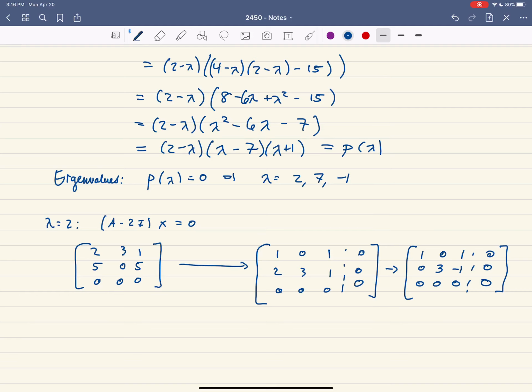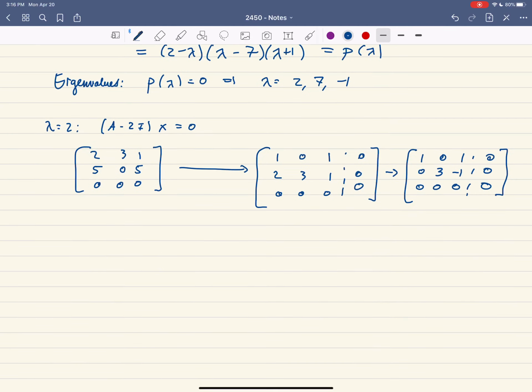Okay, and so what we end up with is, let's let x3 be t. Remember that this means x1 plus x3 is 0, and 3x2 minus x3 is 0.